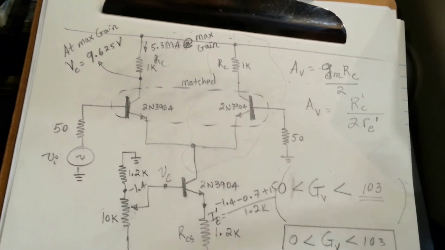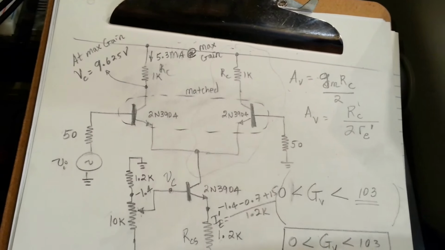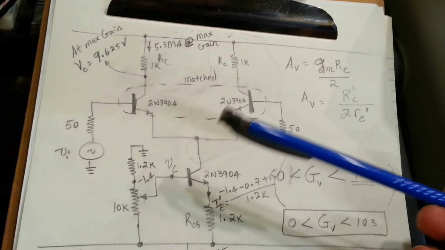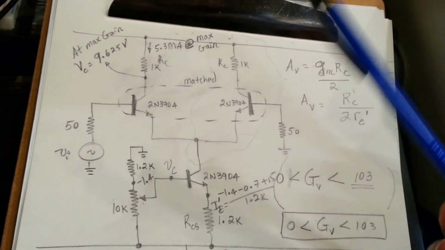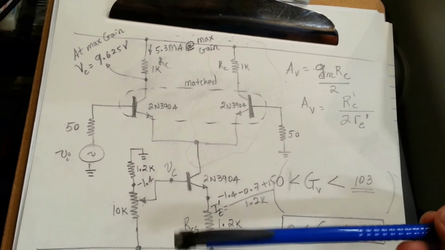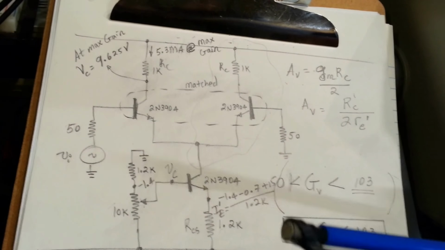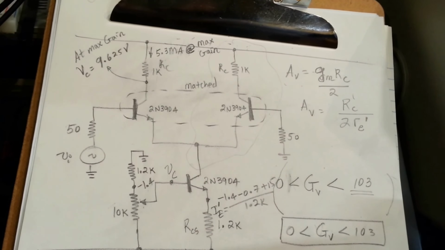This amplifier can be used in a lot of applications, such as in communication, for example, where you need to modulate a carrier signal by an audio frequency source, which I will demonstrate in my next video, the application of this variable gain amplifier.